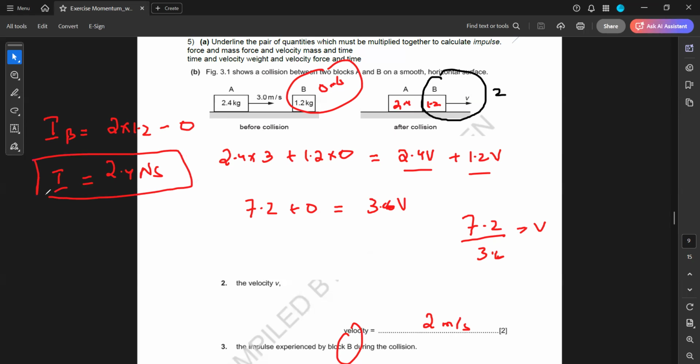That's the impulse of B. Is it clear? So when you're finding the impulse, you just take that object and its velocity before and after, and take the difference in momentum before and after, and you will get the impulse of the object. Is it clear? Yes.